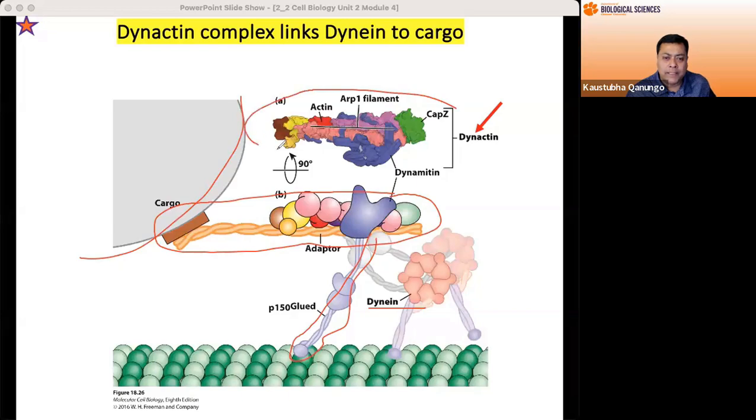This entire complex is known as the dynactin complex, and there is a specific protein right here called dynamitin. And there is a story for why they name these things in such a weird way.